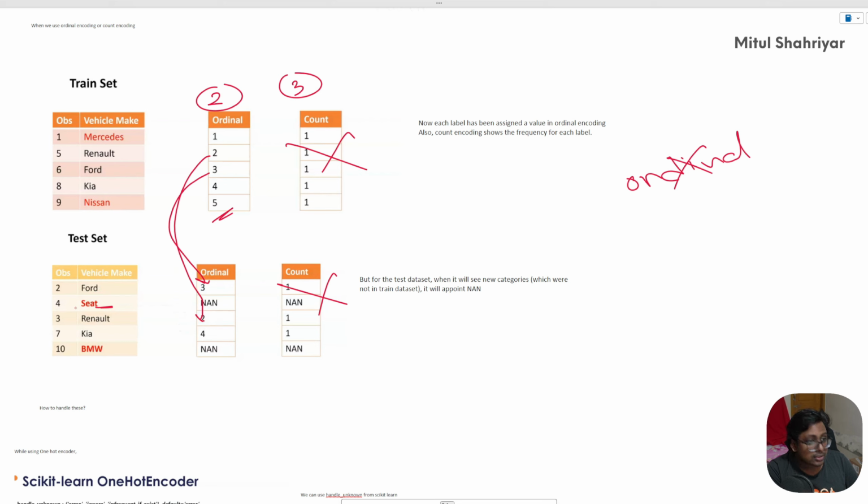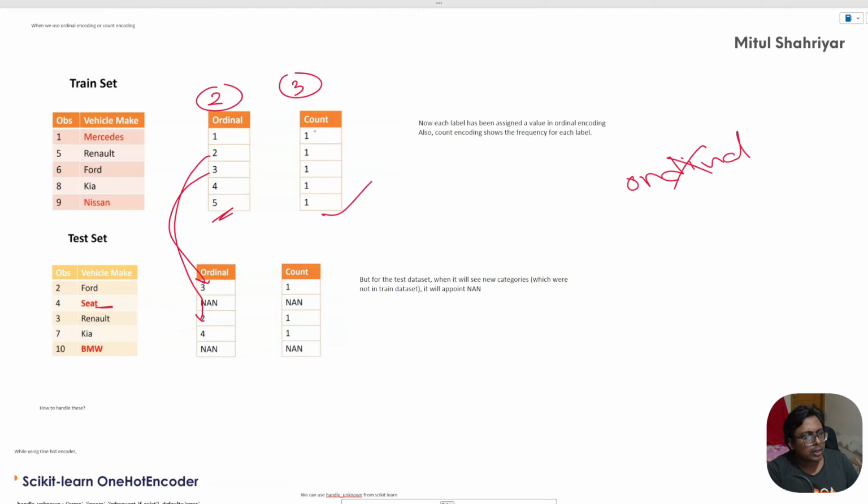As it's a string, obviously we'll use these techniques, ordinal or one-hot encoding or count, and you can see it is failing because we haven't dealt with the real level scenario. So that's the real learning. Again, for the count or frequency encoding, you can see Mercedes is one time, Renault is one, Ford is one, Kia is one, Nissan is one, no problem.